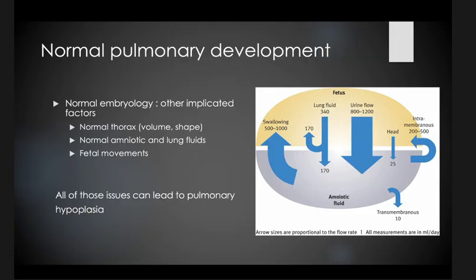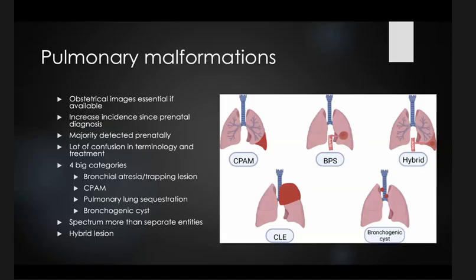Okay, so we have a spectrum of pulmonary malformations, and obstetrical images are essential if available. We have an increased incidence of reported pulmonary malformations since prenatal diagnosis, so the major part of our pulmonary malformations are detected prenatally. And there's a lot of confusion in terminology and treatment.